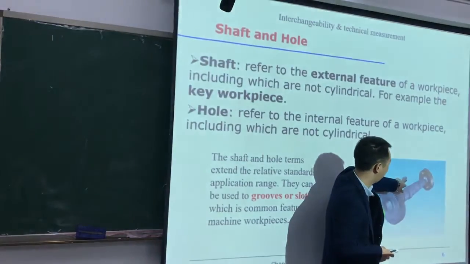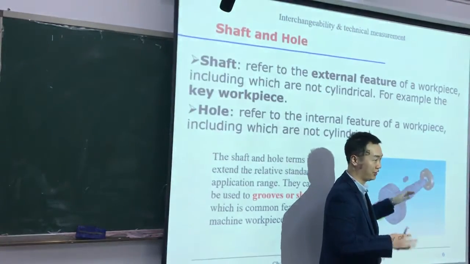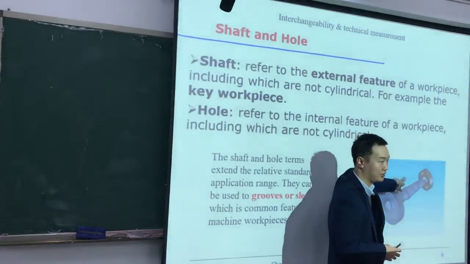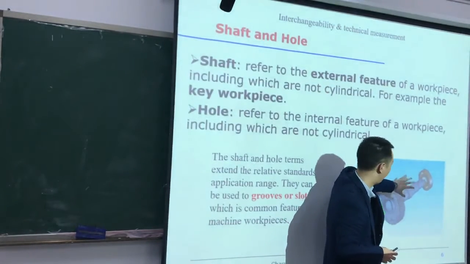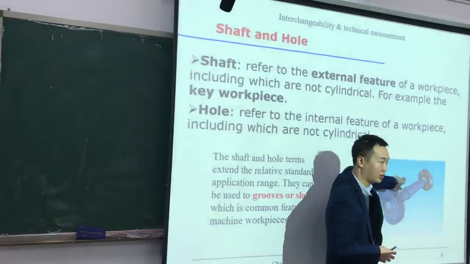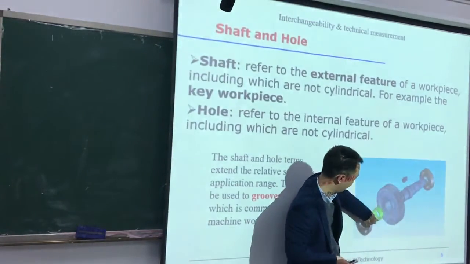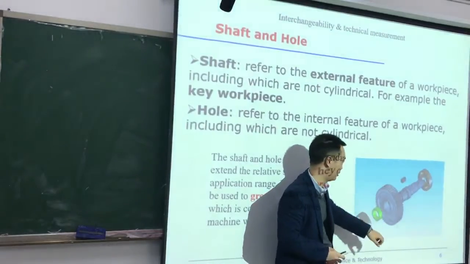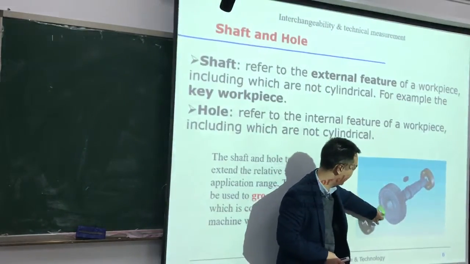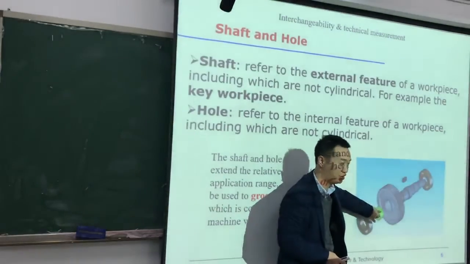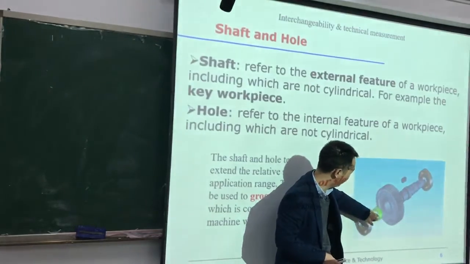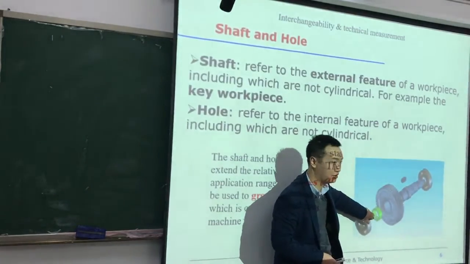The key workpiece can be seen as a shaft, and the slot to mount the key workpiece can be seen as the hole. But I'm talking about this green workpiece. So we can see the green workpiece has two features: the external feature and the internal feature, right?